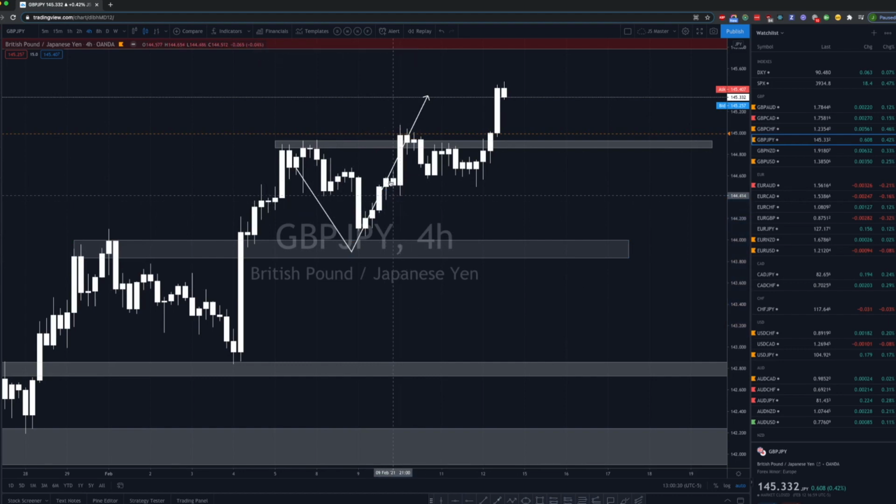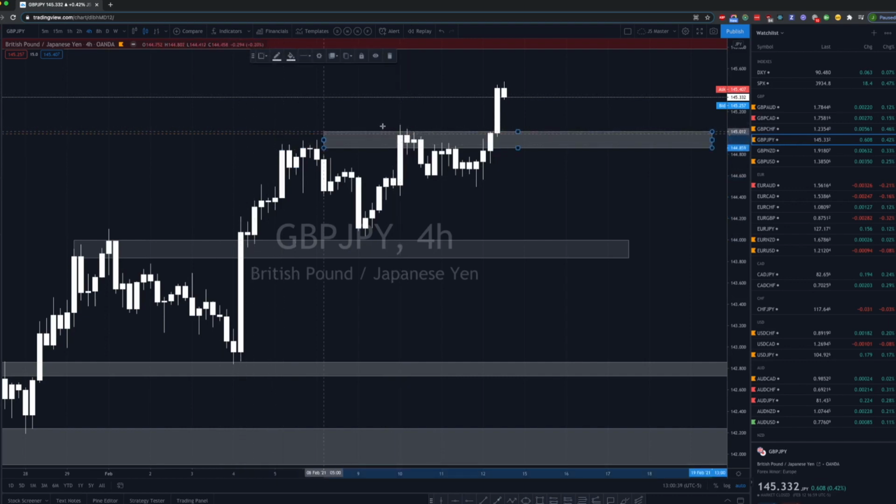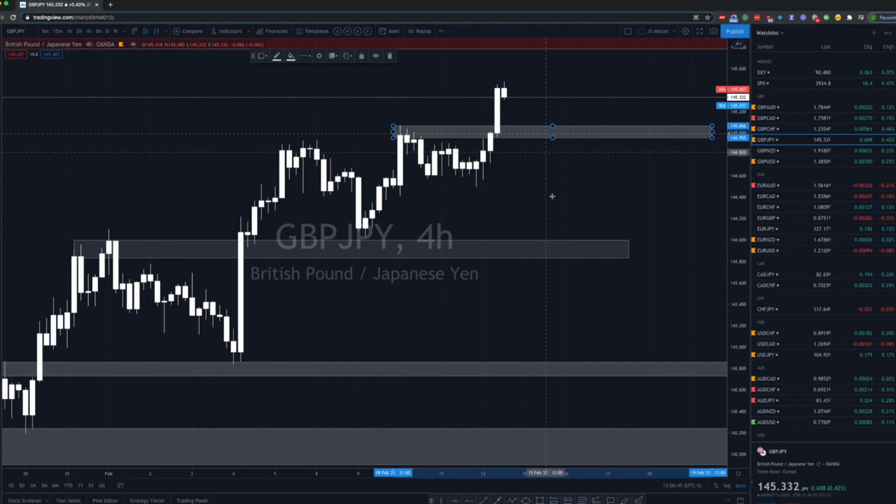So what I'll be looking at from here, because we had price breaking these highs, right? I'll just neaten this up a little bit more, take into consideration the more recent price action. Right, so we might actually see it pull back to these lows here, I mean, these highs here, right? Either one of these.